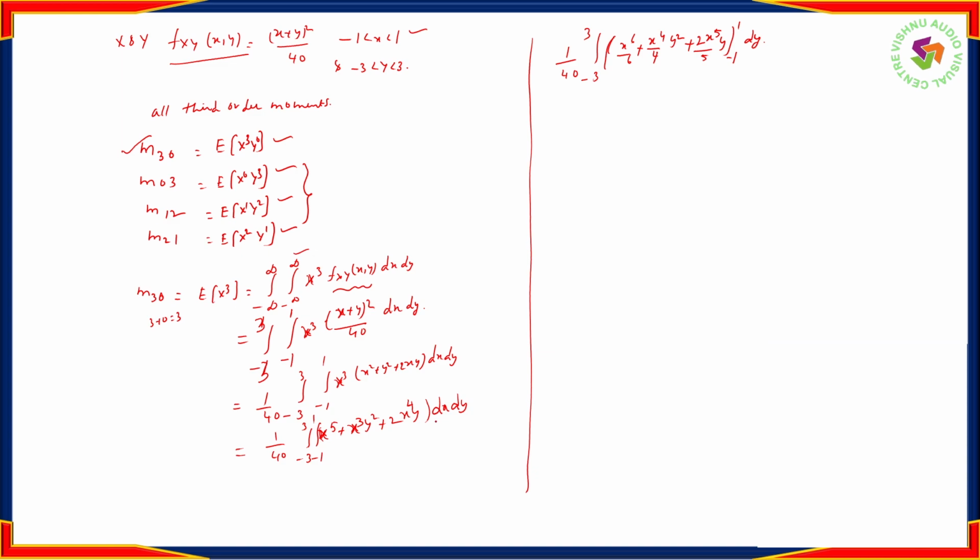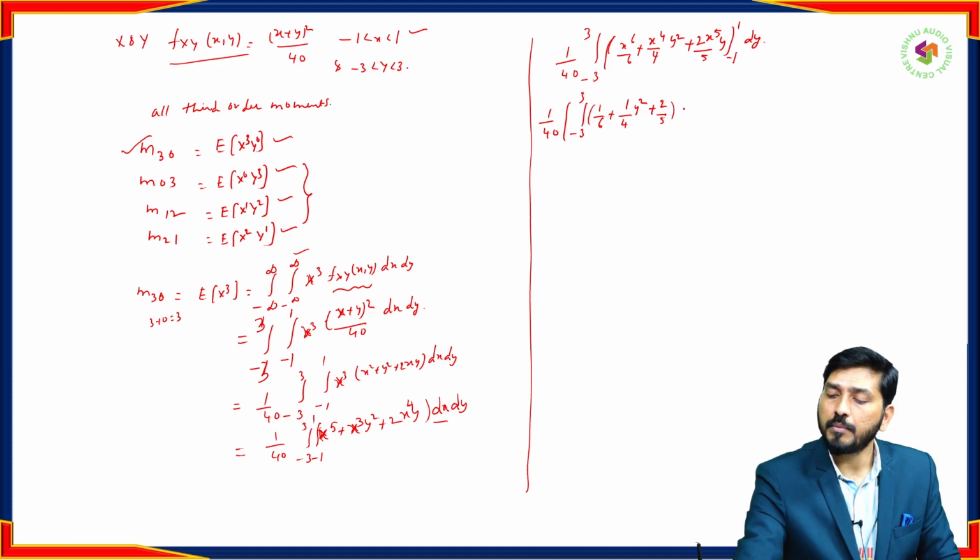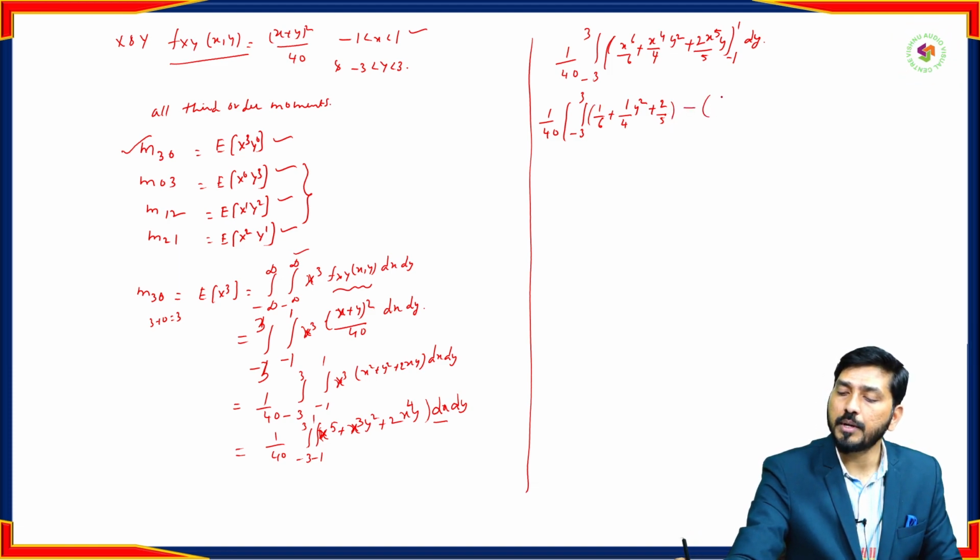We have done the integration with respect to x. Now 1 by 40, and substitute upper and lower limits. When you substitute the upper limit, you get 1 by 6 plus 1 by 4 y square plus 2 by 5 y, minus, substituting the lower limit, 1 by 6 plus 1 by 4 y square minus 2 by 5 y, dy.